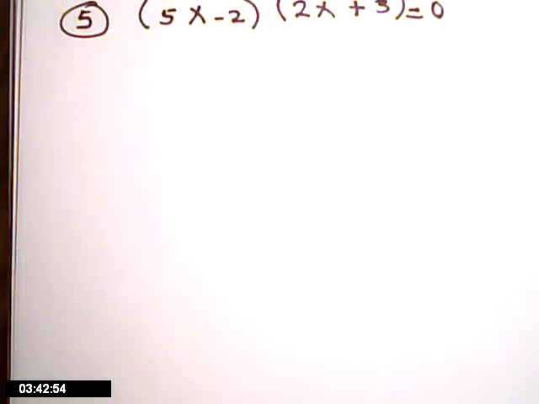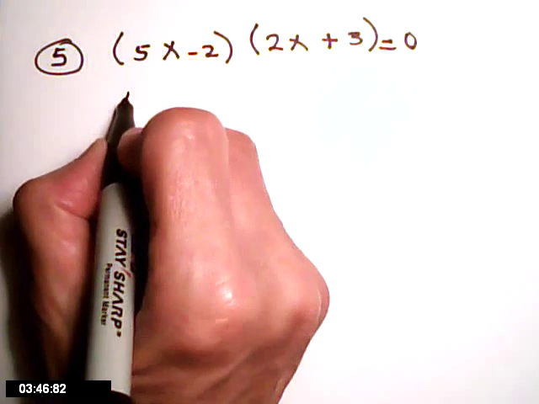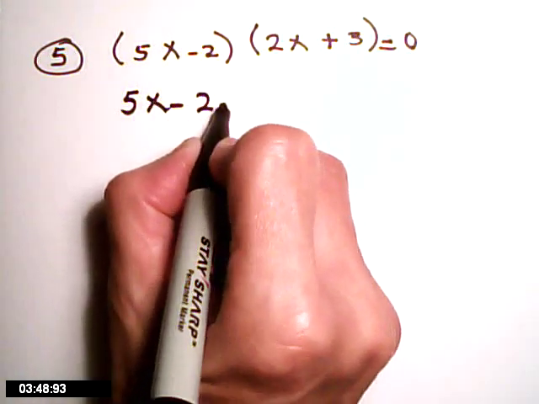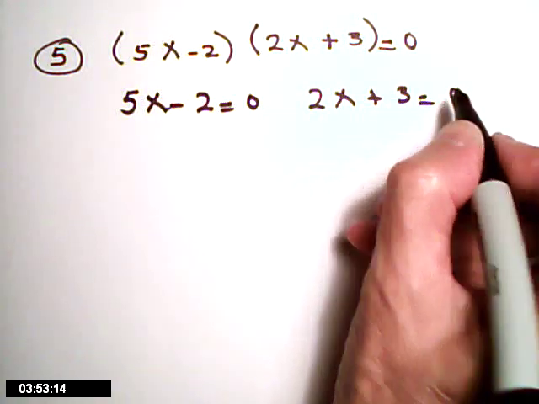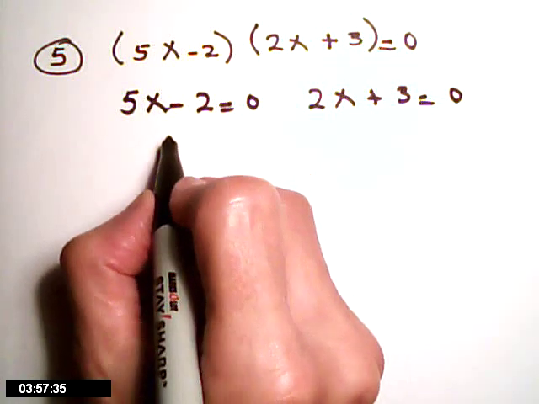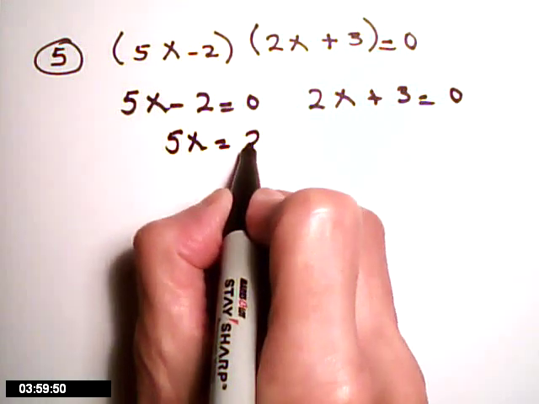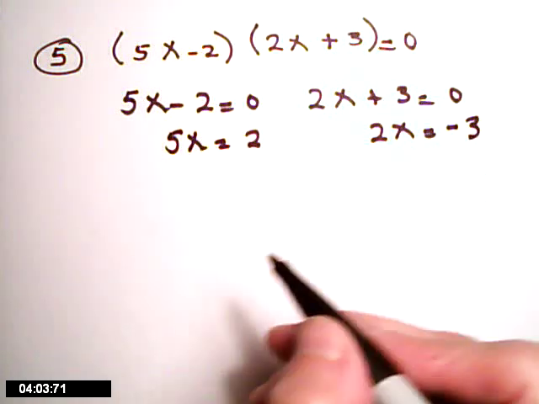Next, we'll look at this one. You won't have many like this, but sometimes they will be already factored for you, and if that's the case, then great. All you're going to do is take each factor, set that equal to 0, and solve. Now these are linear equations such as we did in the last lesson, so I'm going to move my constant to the other side, leaving the variable on one side.